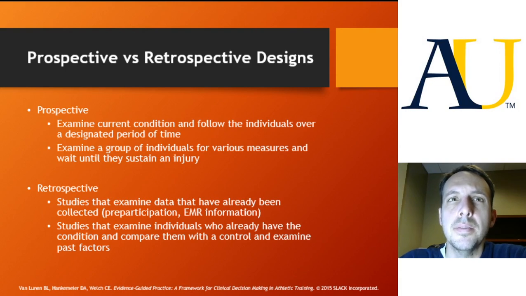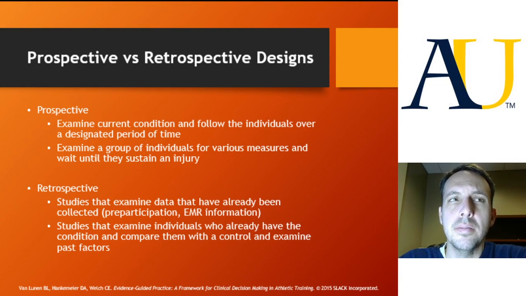Whereas in a retrospective study, we are looking at existing data and form our research question after that data has already been created, and then try to answer our question using that previously existing data. These data sets can come from any sort of different data set that's available, whether that's your medical records or pre-participation screenings, any sort of data that's been collected already is a great source of information to answer potential research questions.